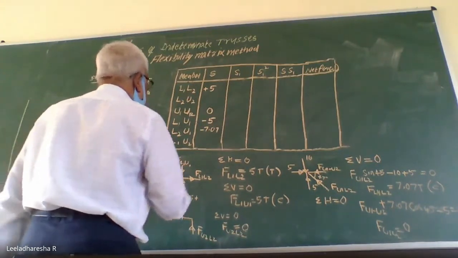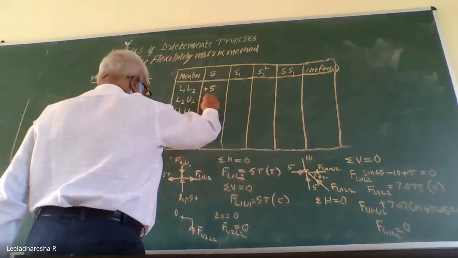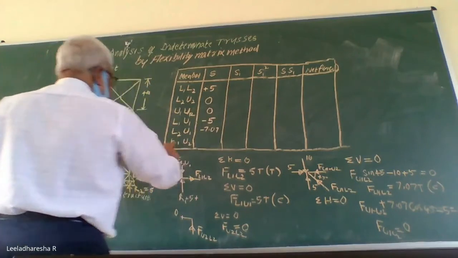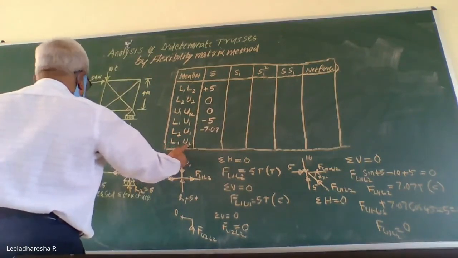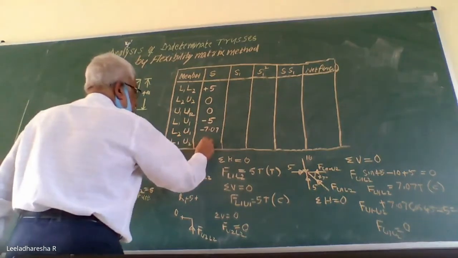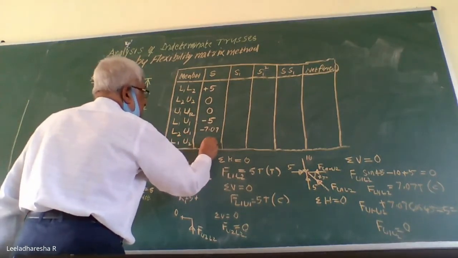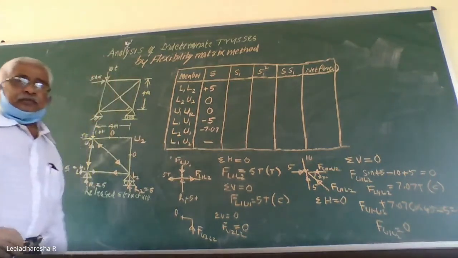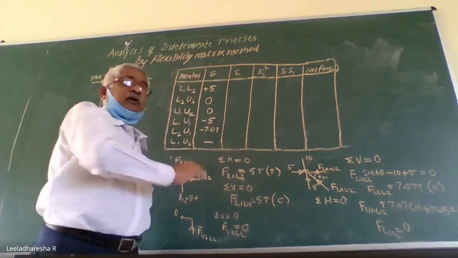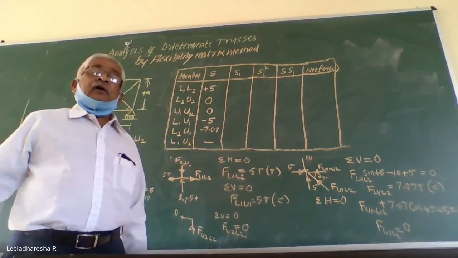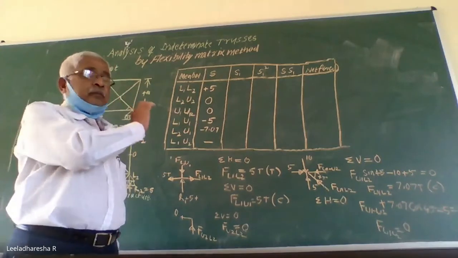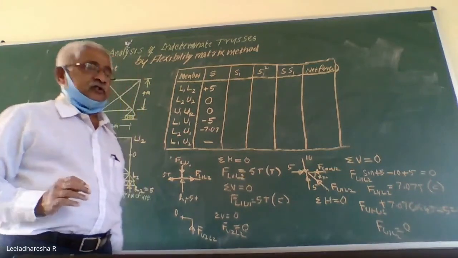Next member is F L1 U2. There is no member, it is assumed to be redundant. So put a dash. See, we have completed one column of analysis for forces in the members except redundant by means of using method of choice.